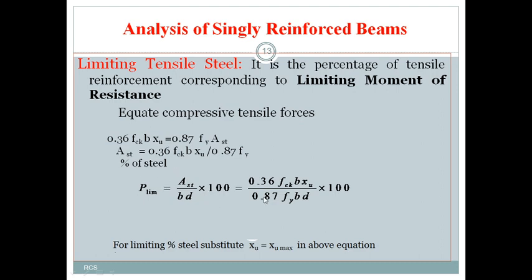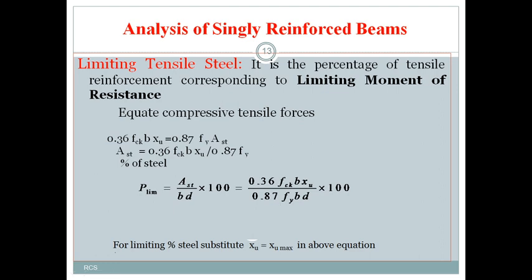This AST and the area of steel in the percentage formula are the same. If you substitute the AST we calculated by equating compressive and tensile forces, we get the final equation: P percentage is equal to 0.36 FCK B XU by 0.87 Fy B into D, whole multiplied by 100. So this is the normal percentage of steel in a section.